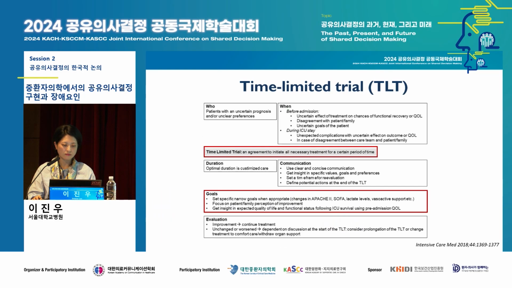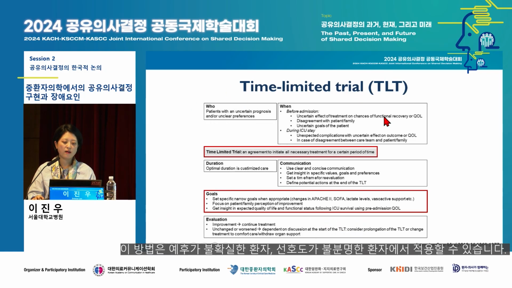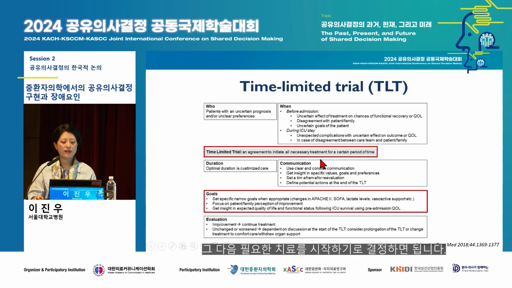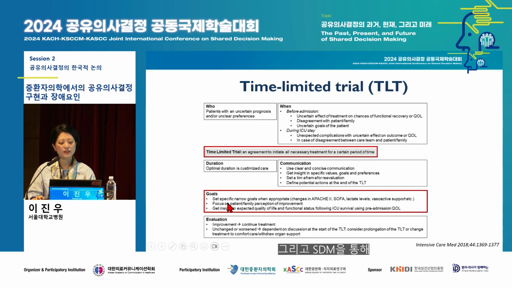So a time-limited trial is for patients with uncertain prognosis and unclear preference, or who haven't made their decisions yet. You initiate all necessary treatment for a certain period of time, and during that period you undergo many sessions of SDM, and through those sessions you get a specific, narrow, appropriate goal.